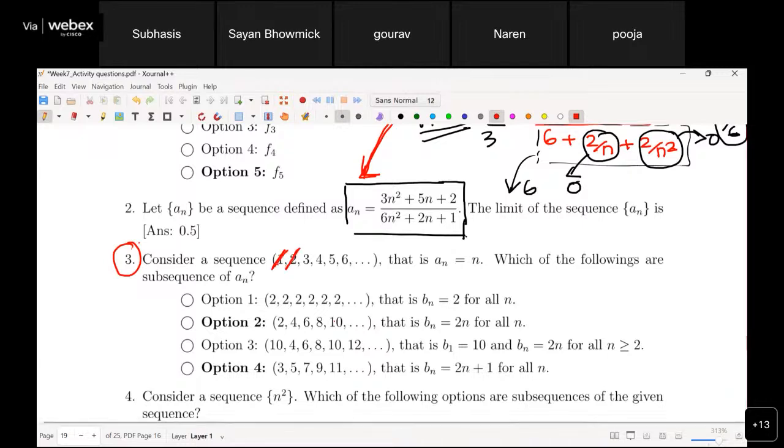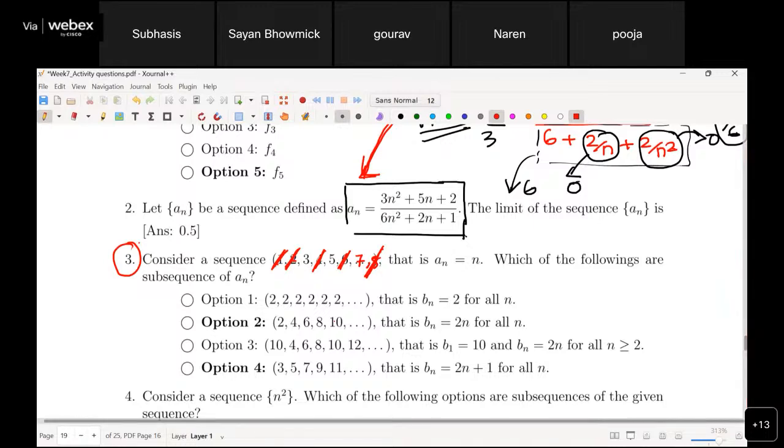So I am basically ignoring 1, 2, then I am taking 3, then I am ignoring 4, then I am ignoring 6, then I am taking 7, then I am ignoring 8.